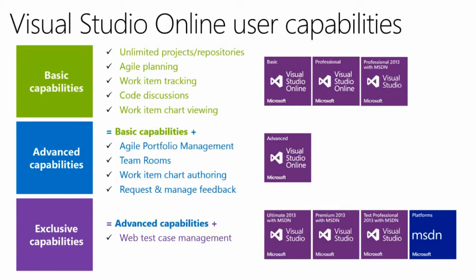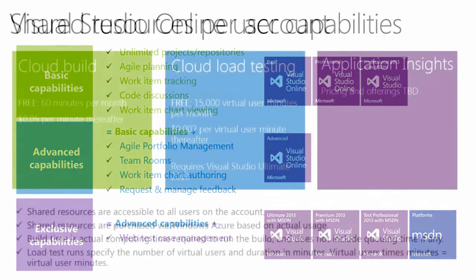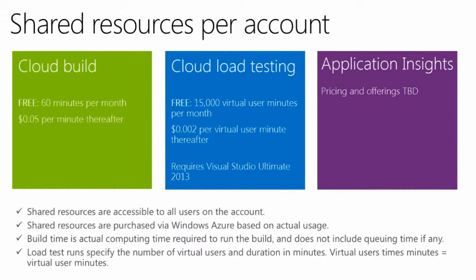In addition to user plans, we also have some shared services that you pay as you use. And these shared resources are per account, so they're available to all the users that are in an account. So for example, we've got our cloud build service that we just mentioned, and you'll have 60 free minutes per month, and then it's 5 cents per minute after. We also have cloud load testing.